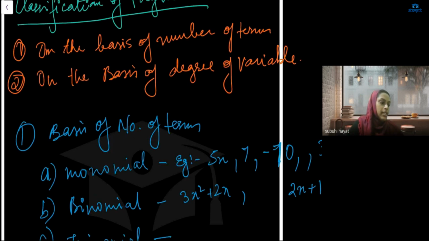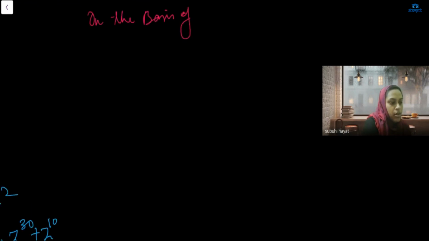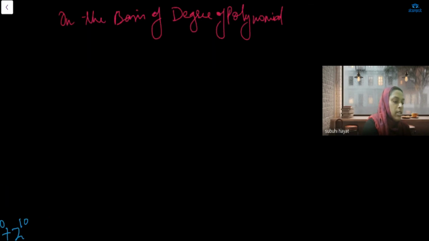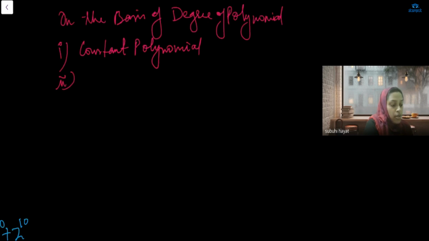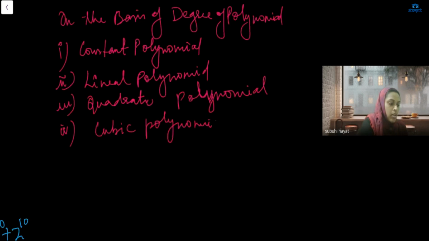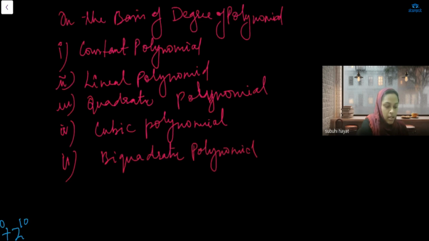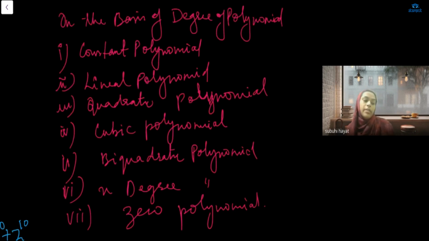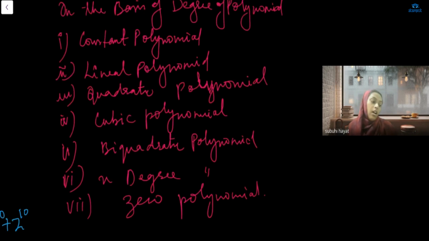First comes the constant polynomial, second the linear polynomial, third the quadratic polynomial, fourth the cubic polynomial, fifth the biquadratic polynomial, sixth the n degree polynomial, and seventh the zero polynomial. So on the basis of degree, there are 7 different categories.